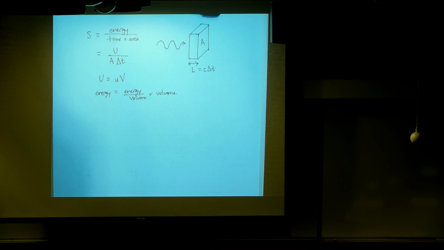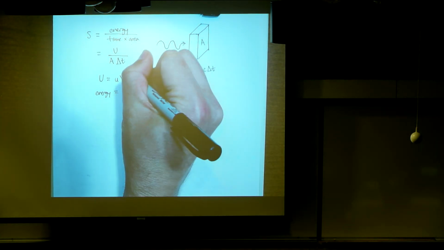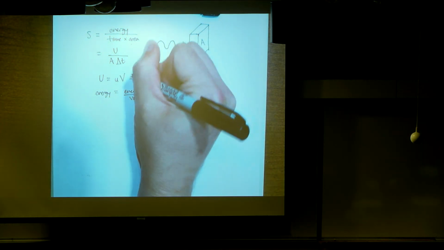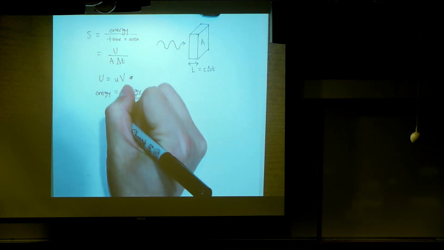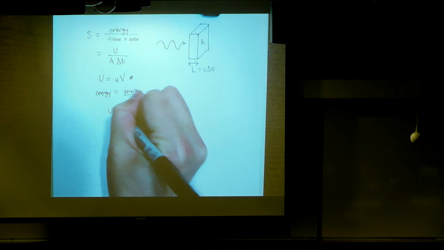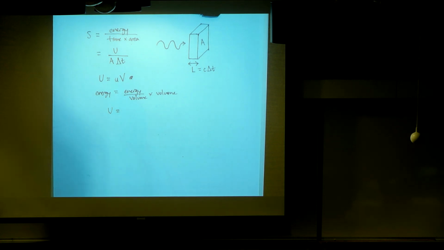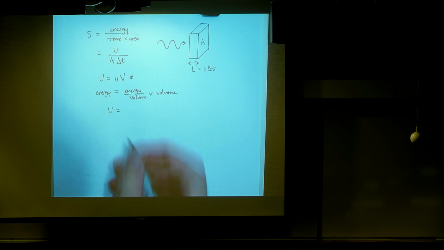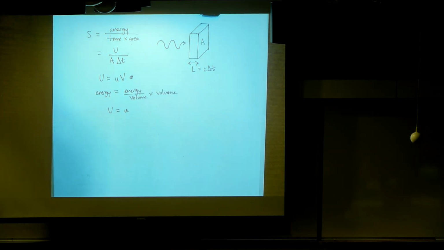Okay? But the thing is, actually, let's go to another line on this one. The energy density, the energy per unit volume, is something we already have a nice formula for. Okay? And I'm going to bring that into play in a second, but for now I'm just going to write that as lowercase u.